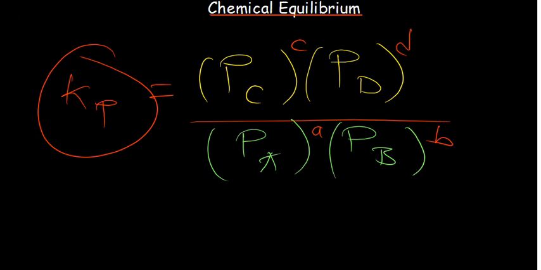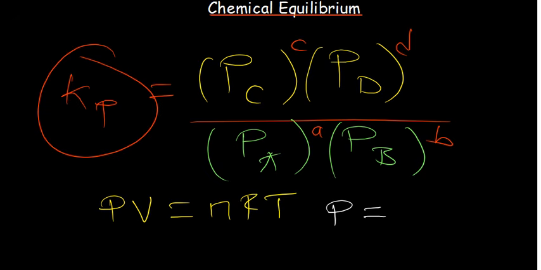What relationship is there? So you do know that there is this formula from the gas laws, where you say PV is equal to nRT, and then let's try to make P the subject. So pressure is going to be nRT over your volume there.